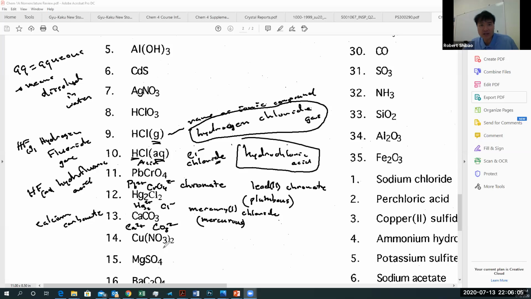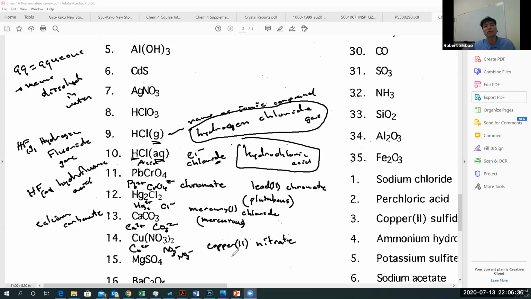Well, nitrate we know. This is NO3. NO3 we know is -1. If we have 2 -1s, that means this has got to be a copper 2+. As I got 2 plus -1 -1 gives us 0. And so I need 2 nitrates to balance out the +2. So this has got to be copper, Roman numeral 2, nitrate. Copper, Roman numeral 2, nitrate.